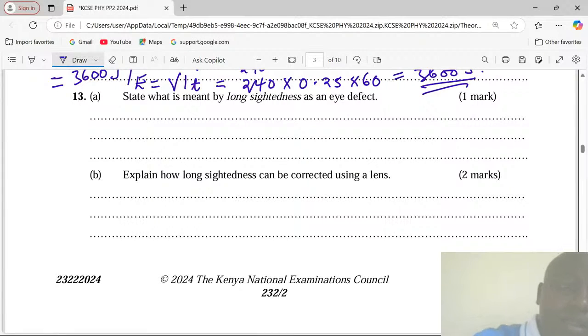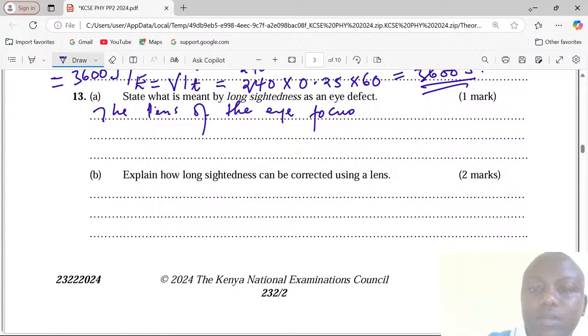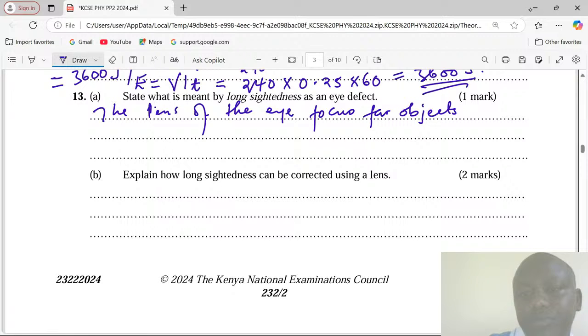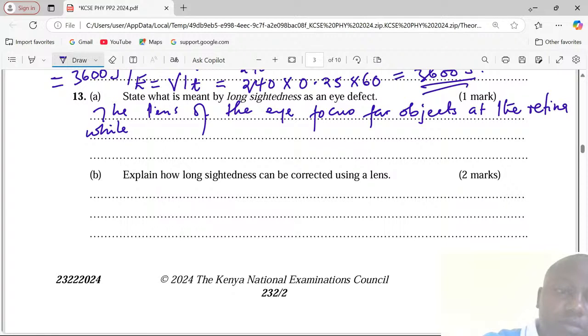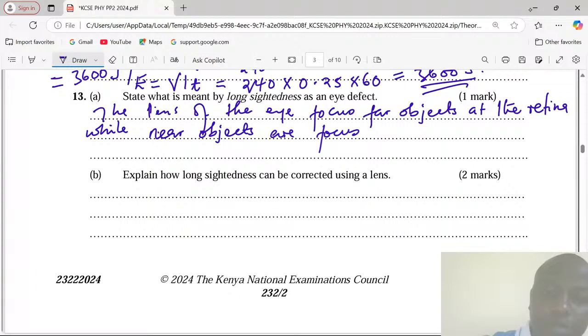Long-sightedness is whereby the lens of the eye focuses far objects at the retina, while near objects are focused beyond the retina.